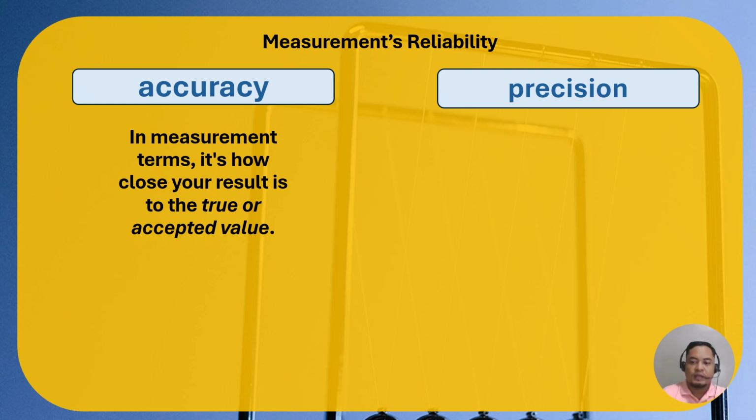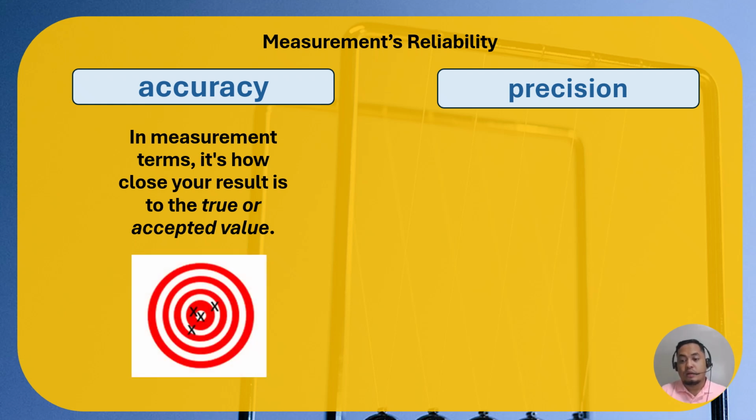So if you try to get the measurement of the boiling point of your solution and it gets to that particular value or close to that value, then that measurement result is accurate, especially highly accurate.